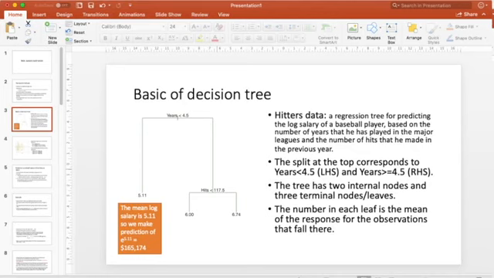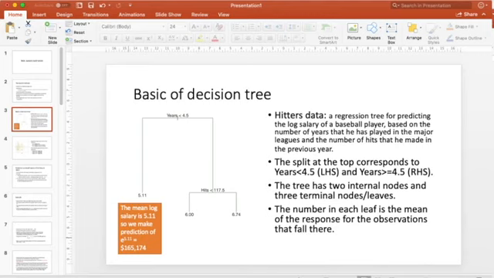Let's say if the number of years that he has played in a major league is less than 4.5, then we would expect that his log salary is equal to 5.11. Because this is a log value, the actual salary is the exponent of 5.11, which is equal to $165,000.